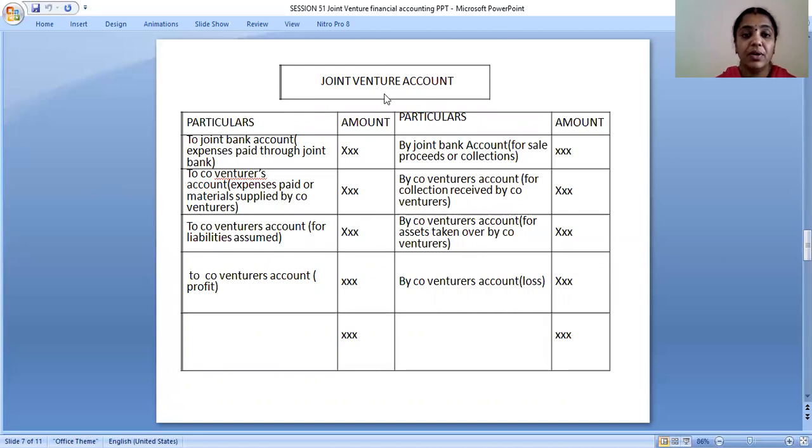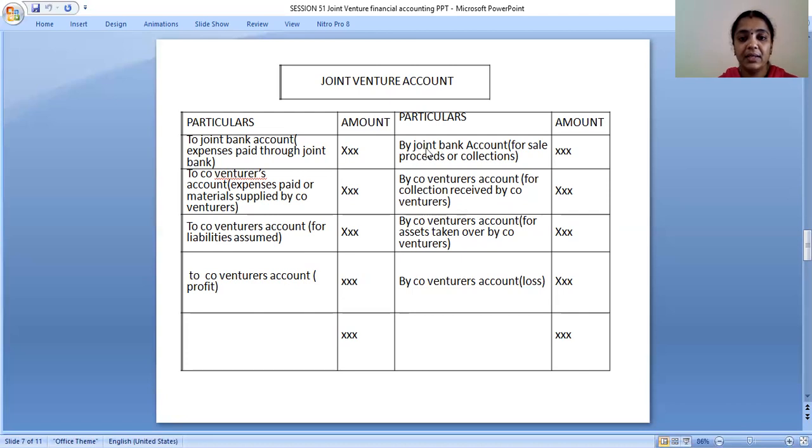Next, the format for preparing the joint venture account. On the debit side: to joint bank account, for expenses paid through joint bank; to co-venturers account, for expenses paid or material supplied by co-venturers; to co-venturers account for liabilities assumed; and to co-venturers account for profit.